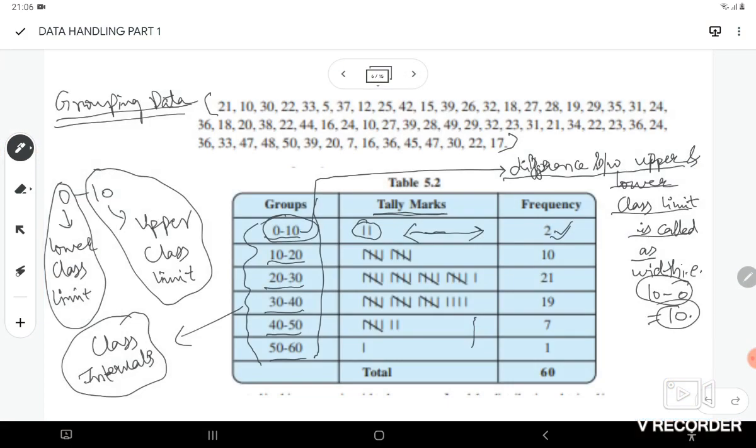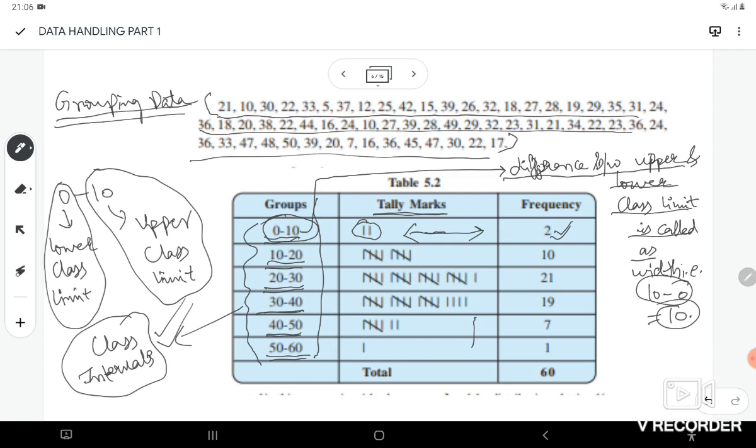Now we have seen the organization of the data. Now let's see how the grouping of data is done. You can clearly see the different marks students scored, and we group them using class intervals: 0 to 10, 10 to 20, 20 to 30, 30 to 40, 40 to 50, 50 to 60 are the class intervals.